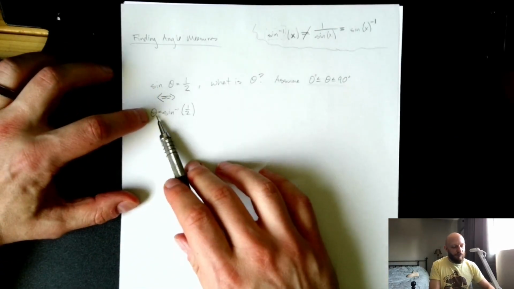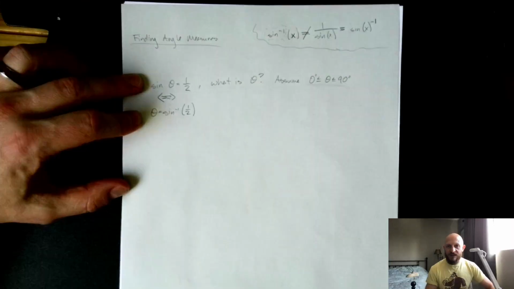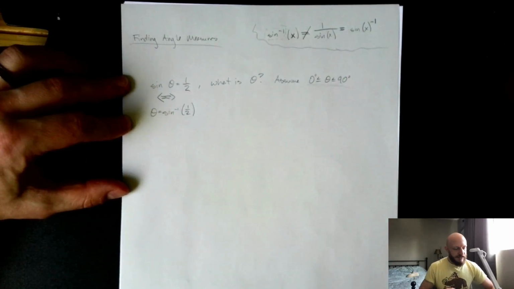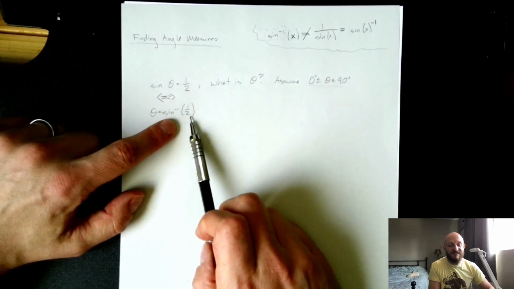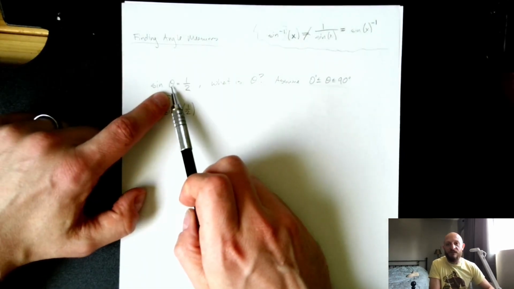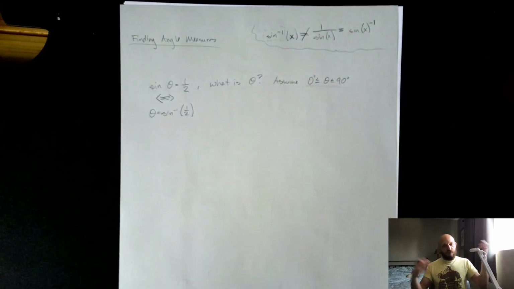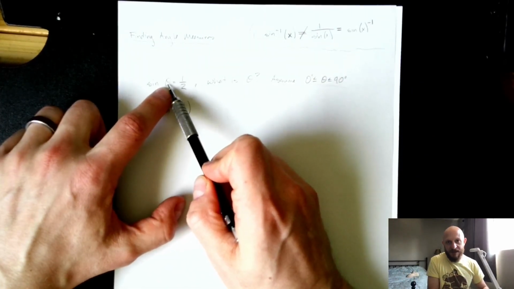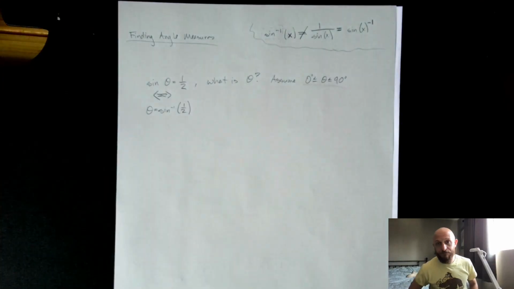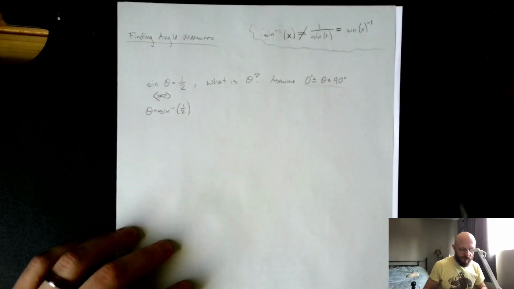For whatever reason, I try to really keep this equivalence in mind, because when you see something like theta equals sine inverse of 1/2, it's easier for me to rewrite it this way, sine of theta equals 1/2, because it makes it clearer that I'm looking for whatever theta makes it so that sine of theta is 1/2. Okay, so you could toss this into your calculator.